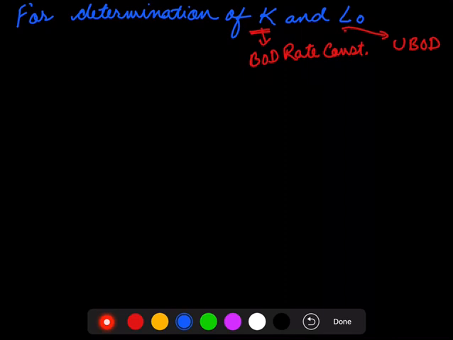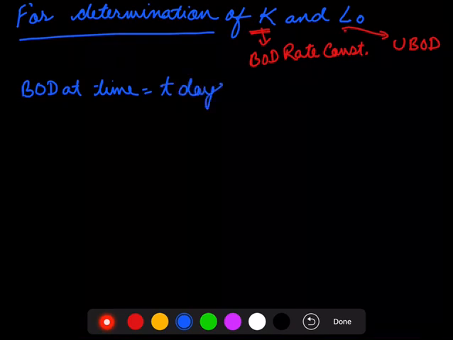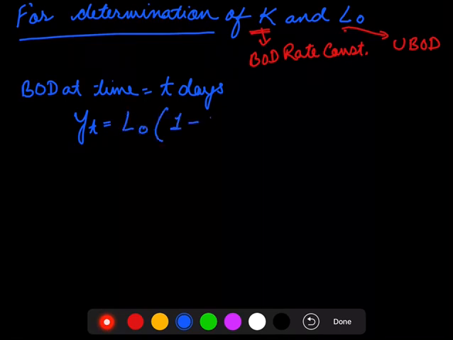Generally, you have already studied the formula, if you want to find BOD at time equal to t days. That is given as y t equals L naught times 1 minus 10 to the power of minus k t, or L naught times 1 minus e to the power of minus k dash t.